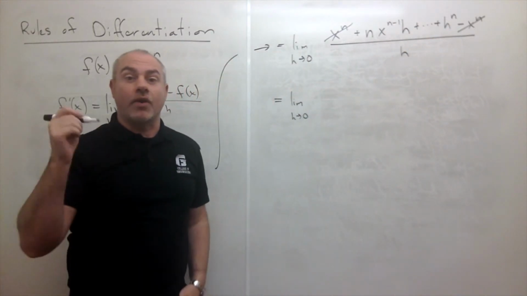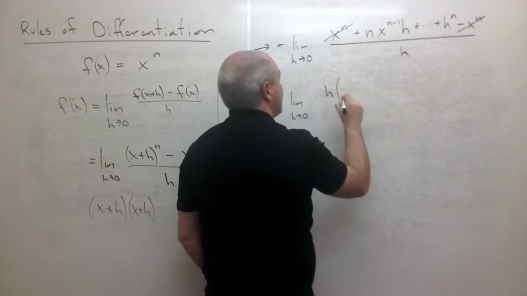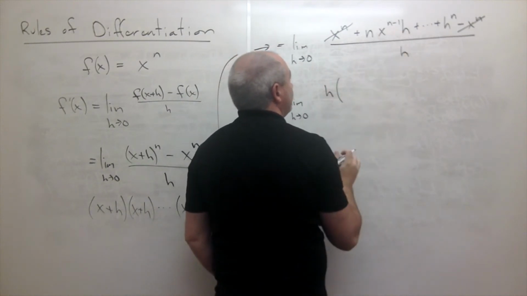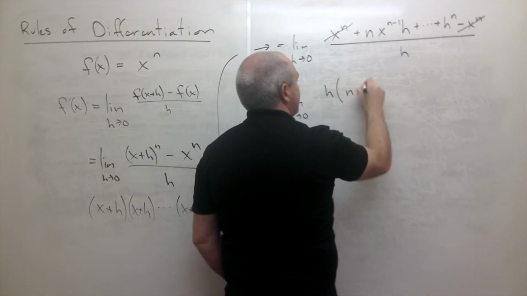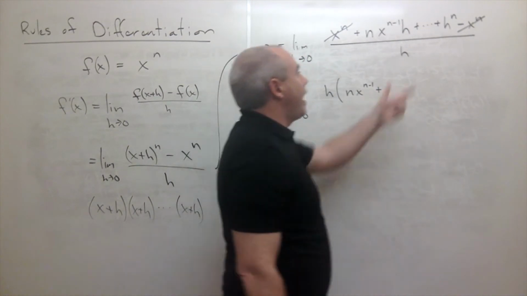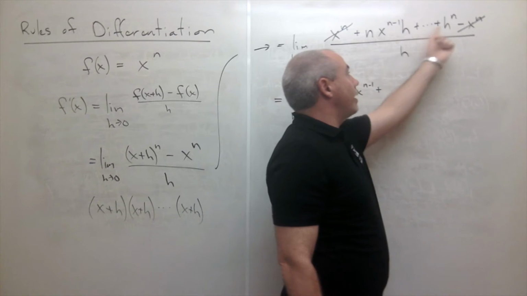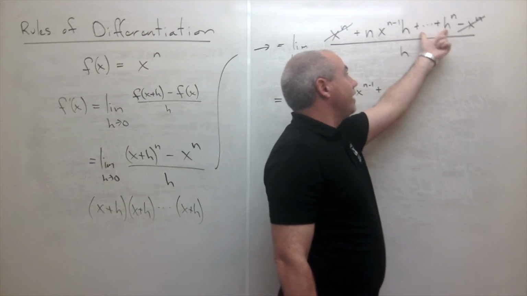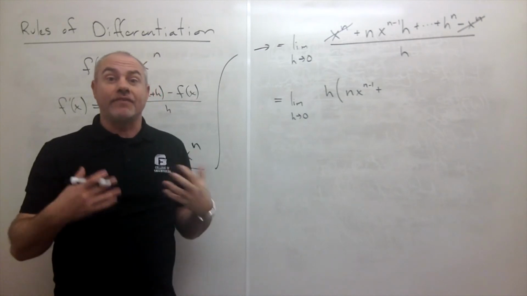So if I factored out one h on top, then I'd have an h times this first term, which I'll write as n x to the n minus 1, plus everything else. Well, everything else, the next one had an h squared, this one has an h to the n, and they're all powers of h that are bigger than 1, so they all have an h in it.